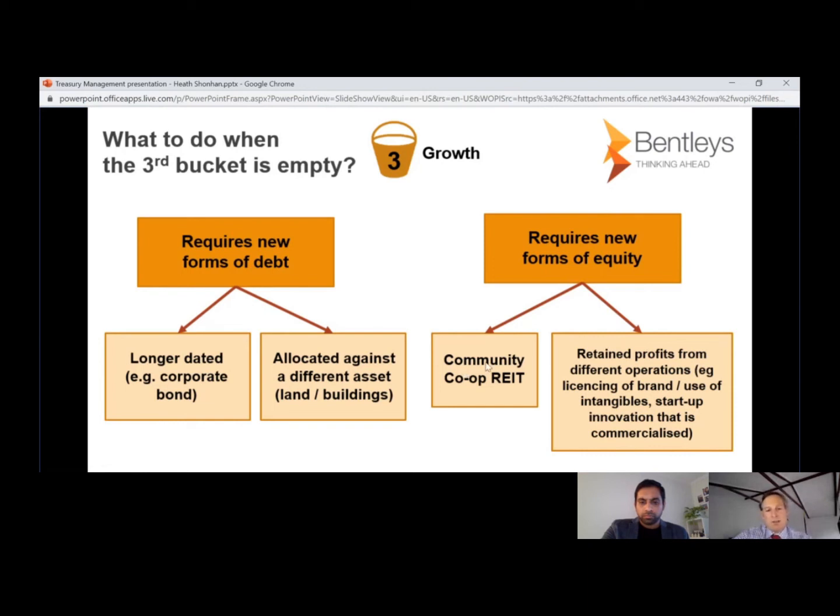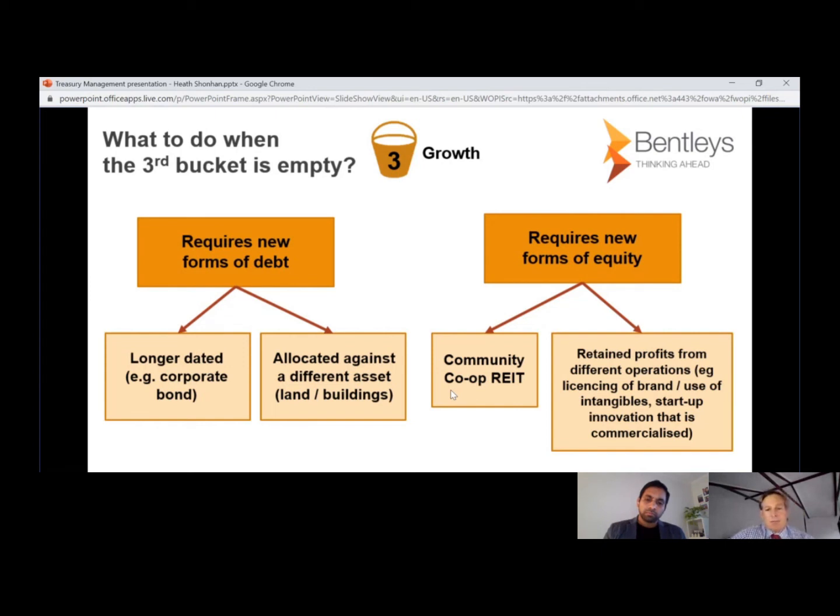Practically, the way that this looks is some form of sale and leaseback, but rather than going to a corporate, a large REIT of some form or another, or an international REIT that is providing money for land and buildings to go into a trust where you then lease that, one form of new equity which we're starting to test, and would be interested in feedback from everyone on, would be a community cooperative style of REIT, whereby you monetize the value in your lands and buildings and turn it into a current asset from non-current by doing a form of sale and leaseback.